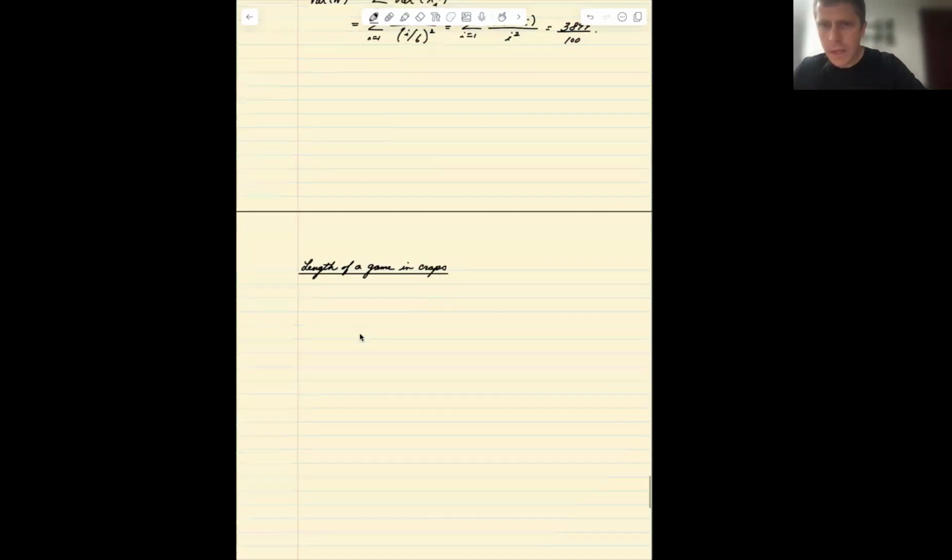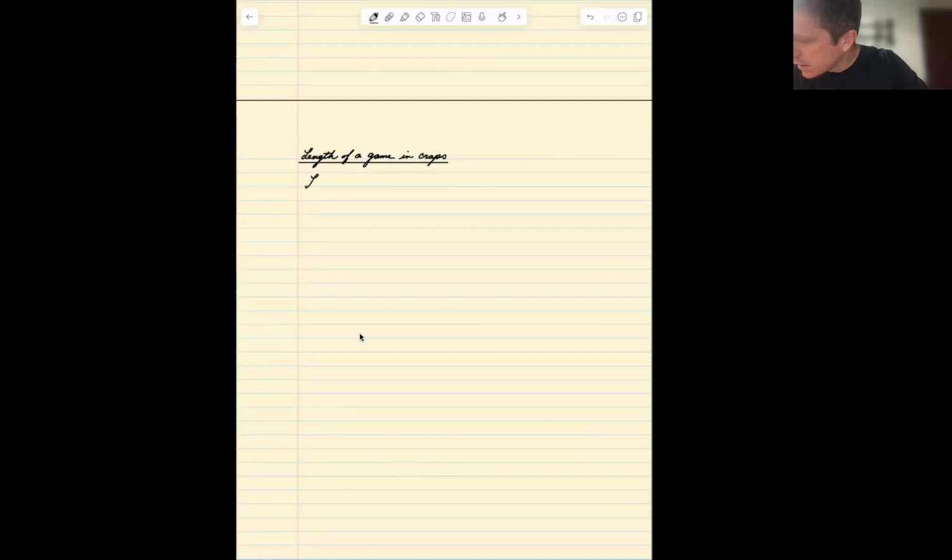So let's let R be the total number of rolls. And A be the number of additional rolls after the first roll, if any. So we're going to condition on the first roll.